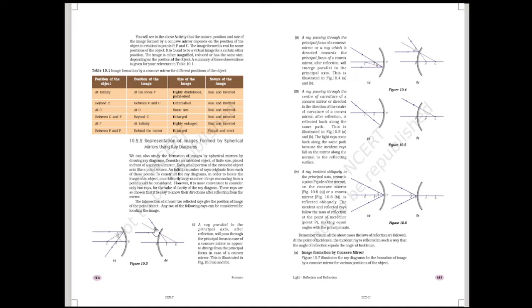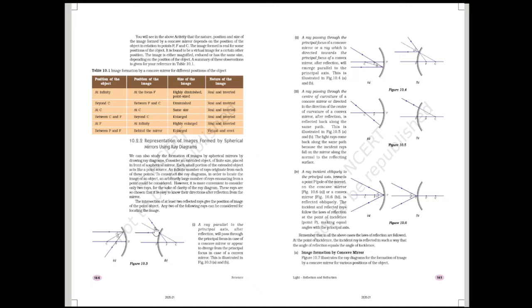And the C is normal. That C draws a line normal to the reflecting surface and divides the angle into two equal angles. In this case also it is the same.